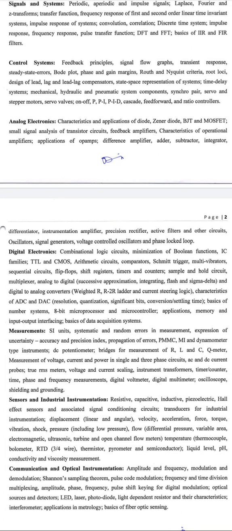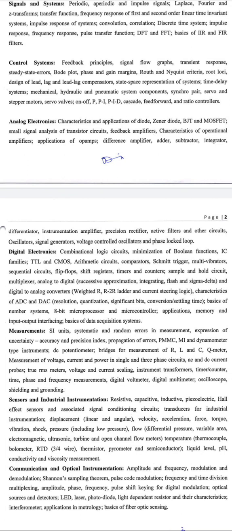Under digital electronics: combinational logic circuits, minimization of Boolean functions, IC families, TTL and CMOS, arithmetic circuits, comparators, Schmitt trigger, multivibrator, sequential circuits, flip-flops, shift registers, timers and counters, sample and hold circuit, multiplexer, analog to digital converters: successive approximation, integrating, flash and sigma delta, and digital to analog converters: weighted, R-2R ladder and current steering logic.